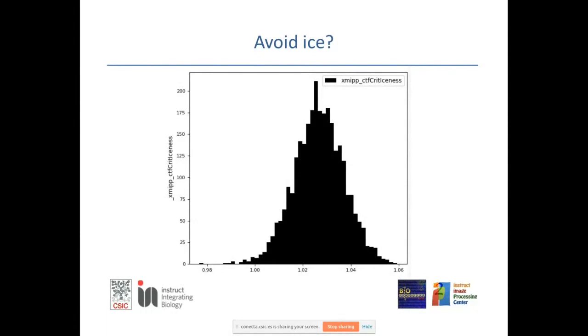So if the ice is not that thick that it prevents the particle alignment, then it is not that bad to have ice, because otherwise you would be throwing away many particles. So if your ice is such that you still can align your particles, that's fine, you can have them.